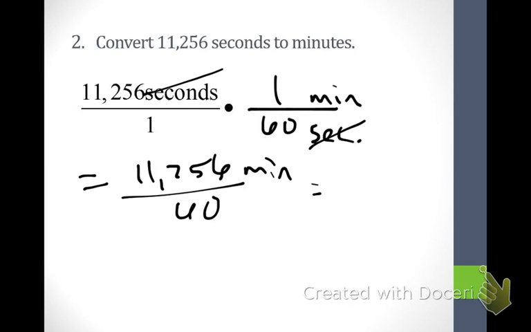Yeah, probably, but we're going to divide this out anyway because it's not really a unit rate because we don't have a unit down here, but it makes more sense to go ahead and divide this out to find out exactly how many minutes are there. And when you do that, I think you get, what's that, 187 point, is it 6? Anybody have a, is that right? If I remember from previous classes, 187.6 minutes.